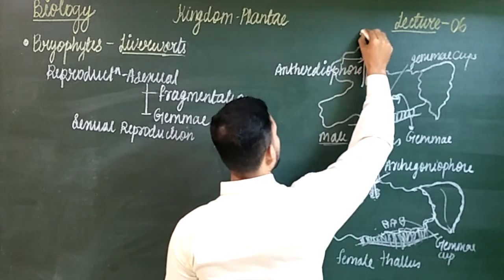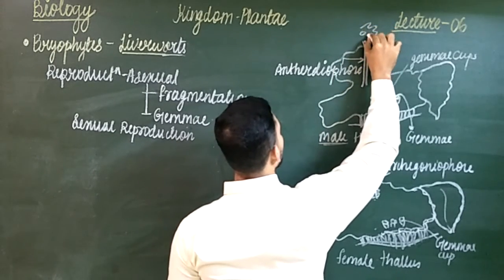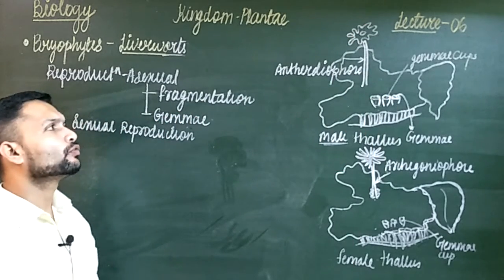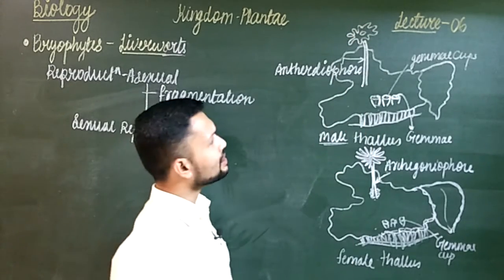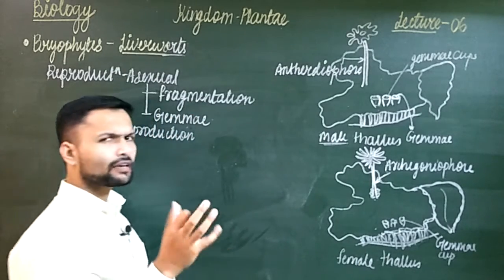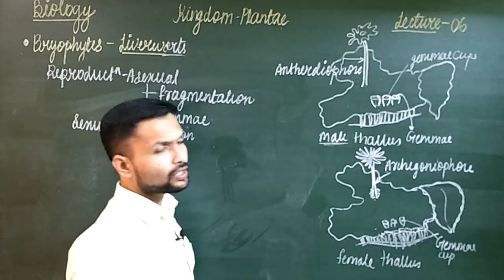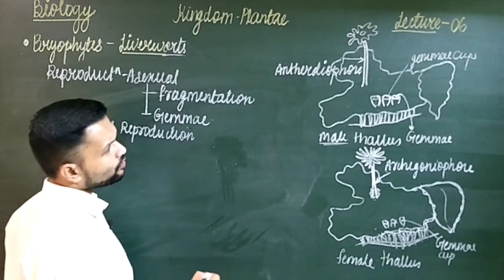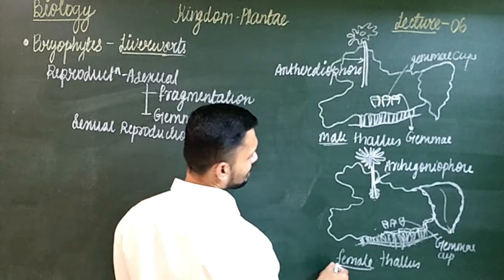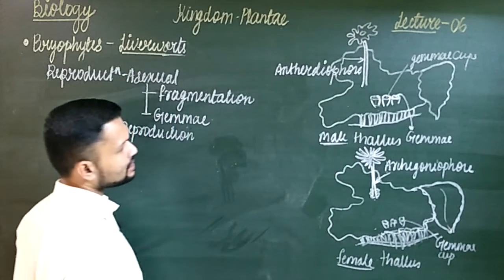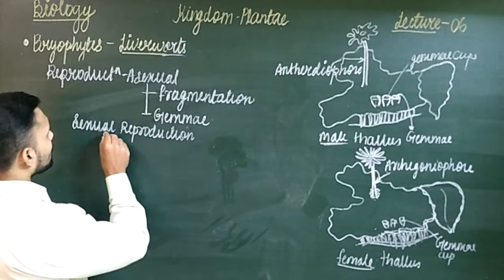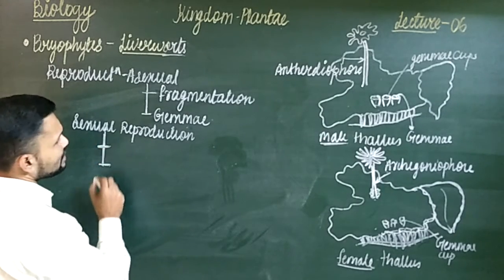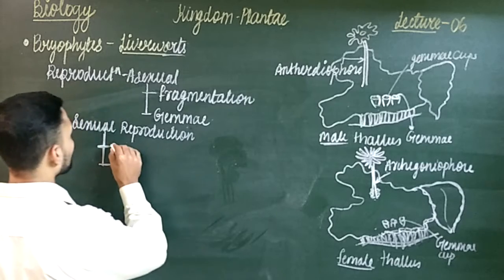Here you can see in case of male, the antheridiophore bears antheridia, which is a little bit messy. It doesn't have any proper structure, so it is irregular in shape, and this is somewhat definite in shape. That's a difference by which you can distinguish the female thallus and the male thallus. So it will lead to formation of the two sex organs, antheridia and archegonium.